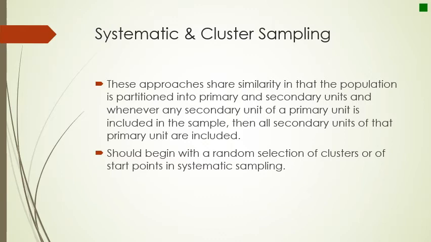In the same way with systematic sampling, where you say have even spacing among your plots across a region, once you determine the location of that first plot, then all of the secondary units are determined by the location of that first one based on some distance between them. The important thing is that, again, you start with a random selection of clusters or of start points in your systematic sampling.